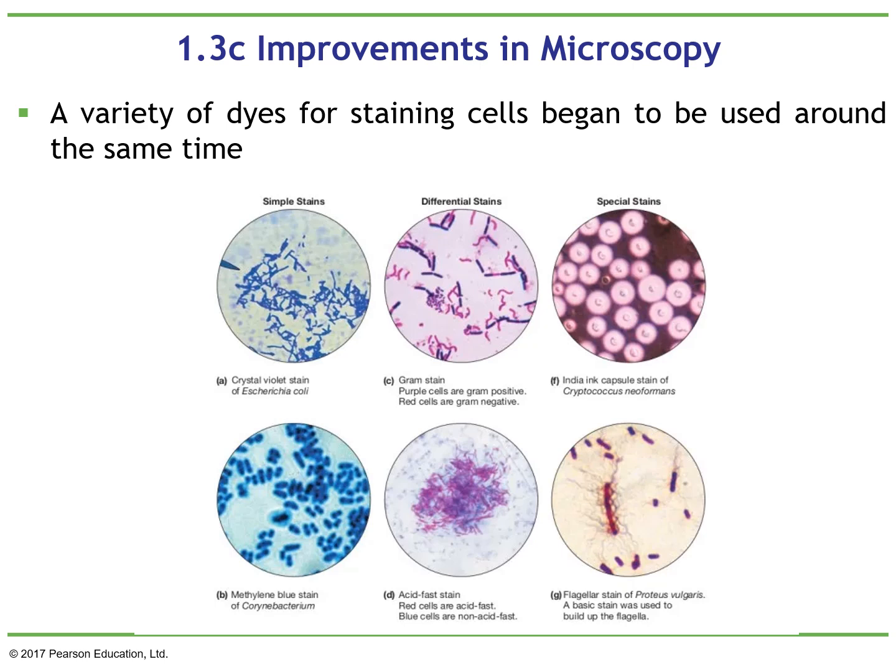Now let's talk about another improvement in microscopy. In addition to the microtome, another way to improve microscopy is to create a variety of dyes. These dyes are used to stain the cells, and that allows you to create a better contrast with the surroundings. There are different types of staining.